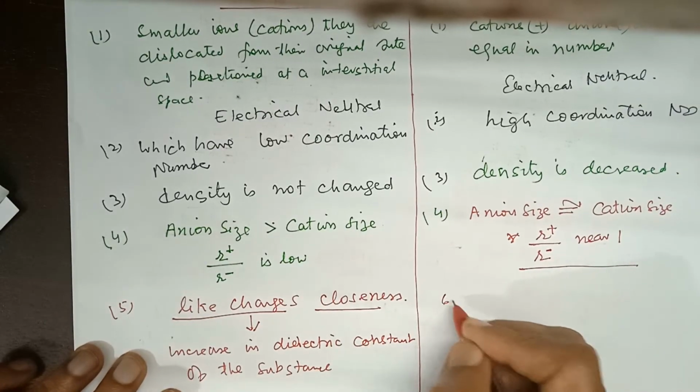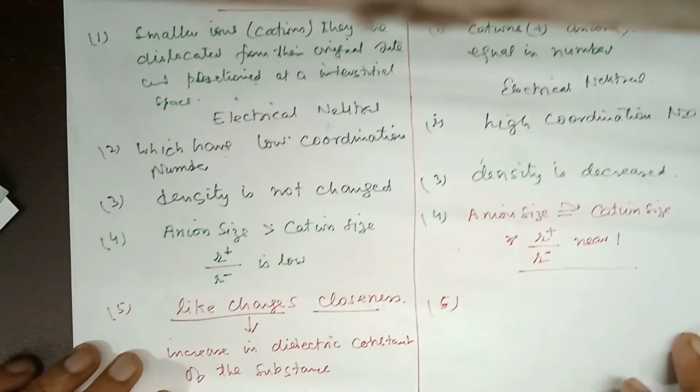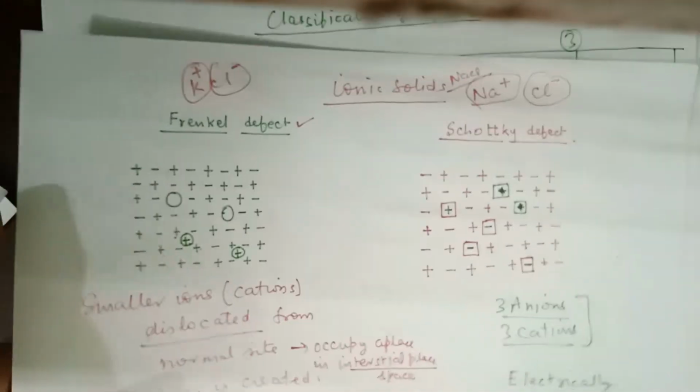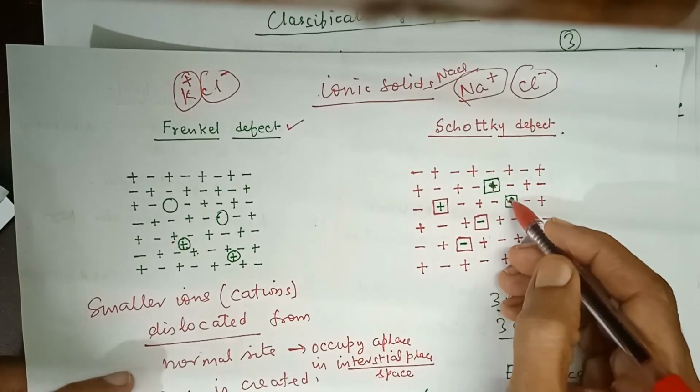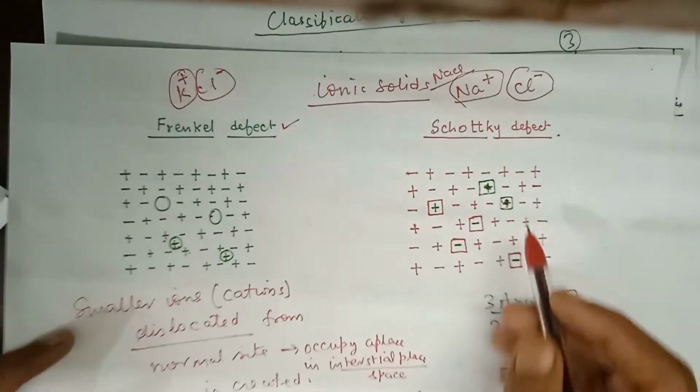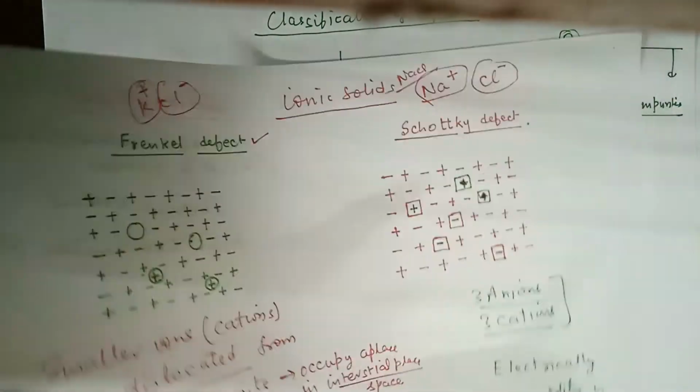But in Schottky defect, cations and anions are missing, so the charges are very far from each other.